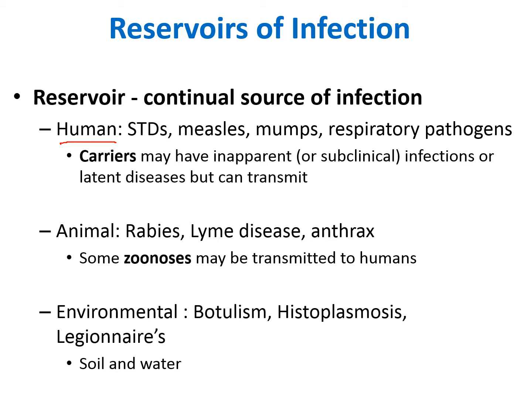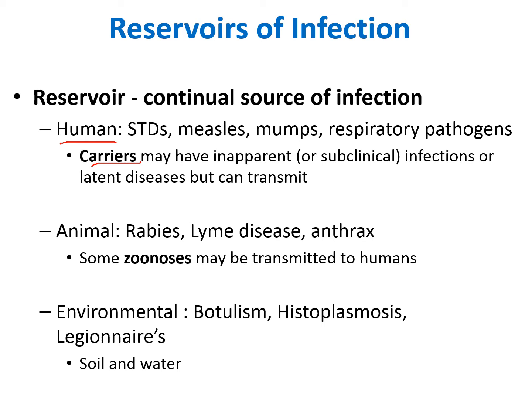Occasionally, people may be able to transmit disease, but they show no outward symptoms or signs of disease. These people are called carriers. And they may have an inapparent infection or a subclinical infection. That is, they're infected, but they don't show the signs or symptoms of it.